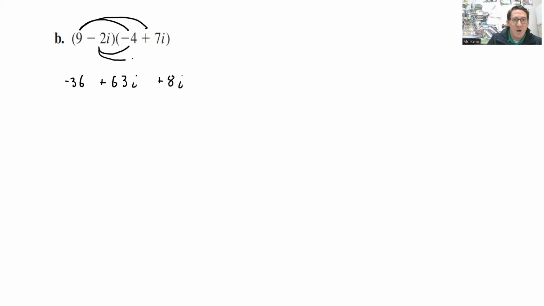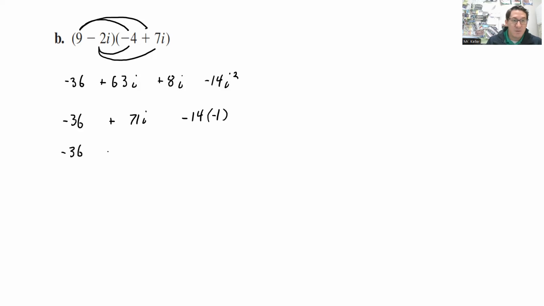And then -2i times 7i: -2 times 7 is -14, and i times i is i squared. So let's clean this up a bit. I have a -36. 63i plus 8i is a positive 71i. Then -14 i squared, and i squared is -1.